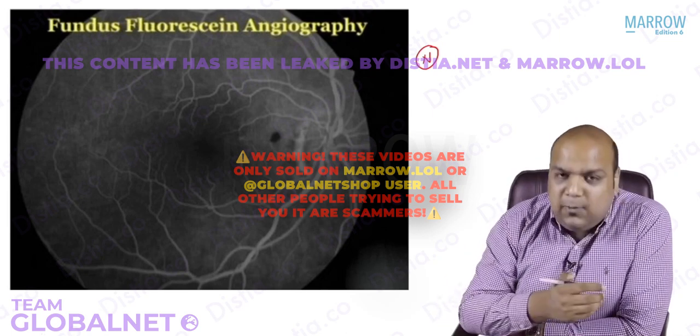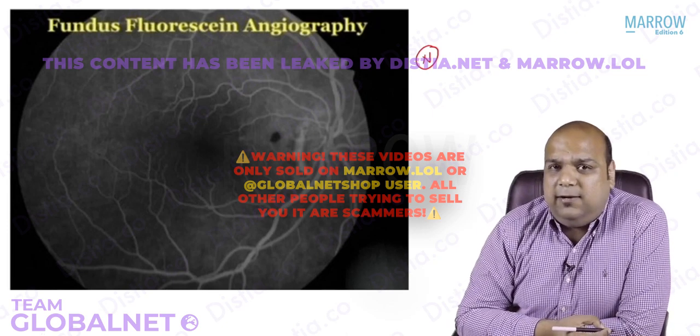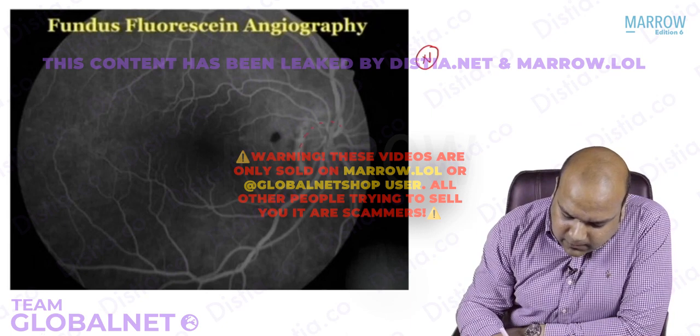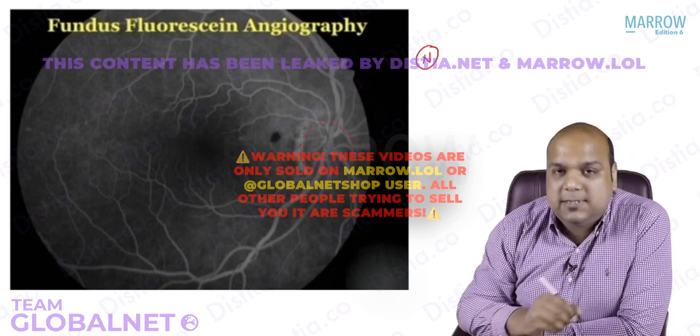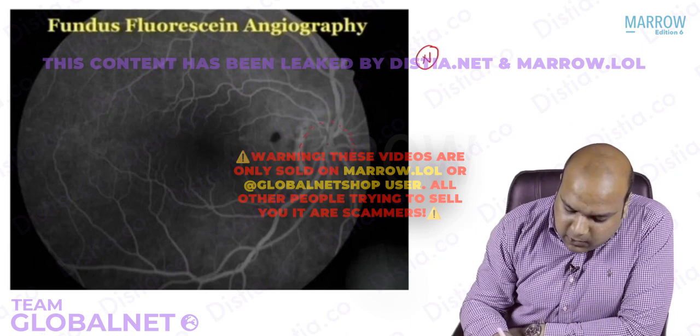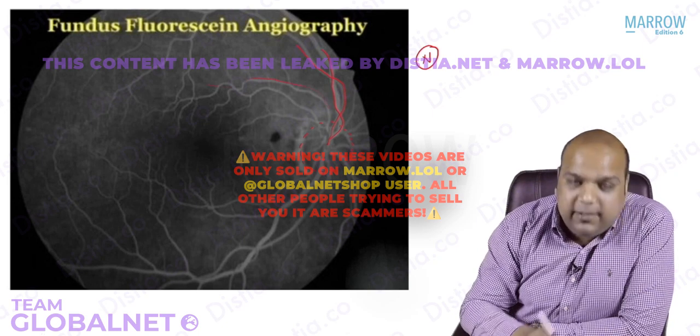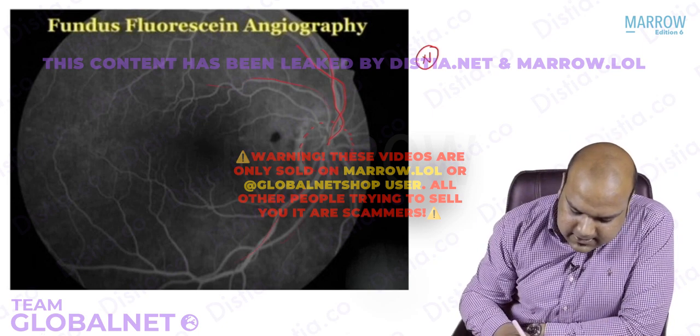Yes. So when I look at a normal FFA photograph, what do I look at? First of all, I look at the optic disc. Again, everybody, we need to see the basic anatomy. Then I look at all these blood vessels. Can you see all these blood vessels now, everybody, fluorescing? Yes, all this white color, everybody. We can see all the blood vessels.